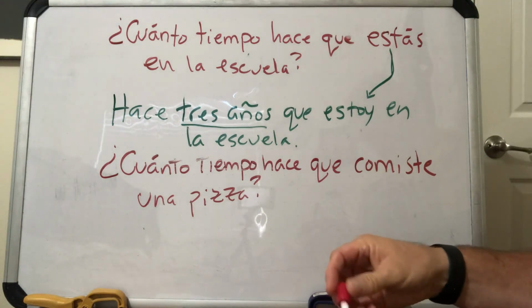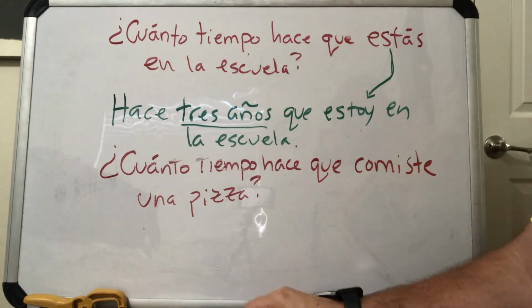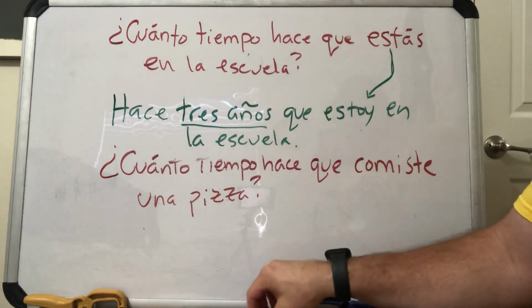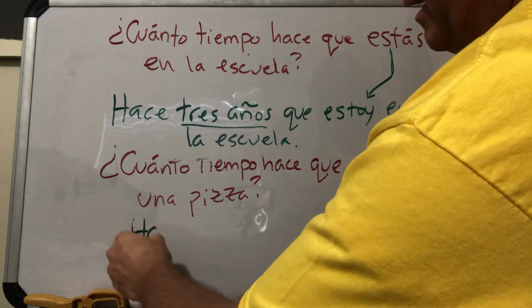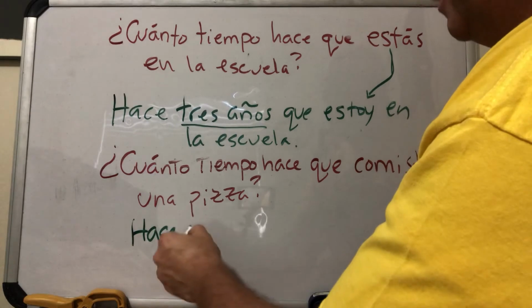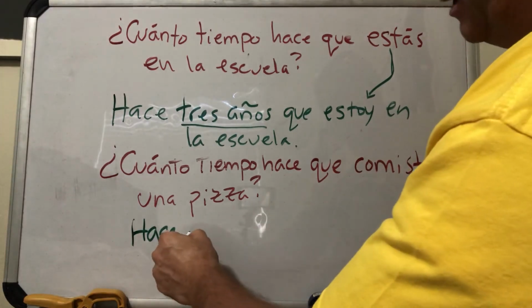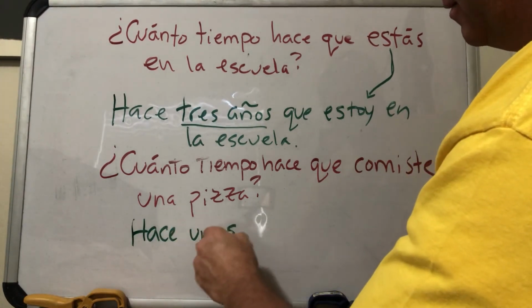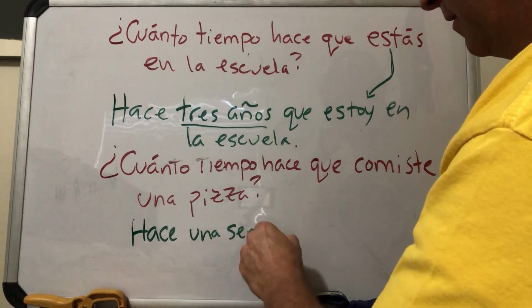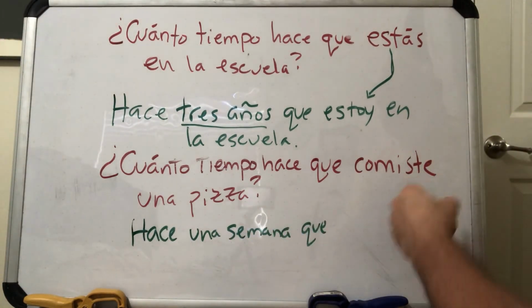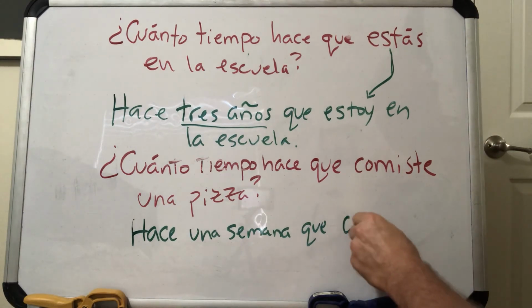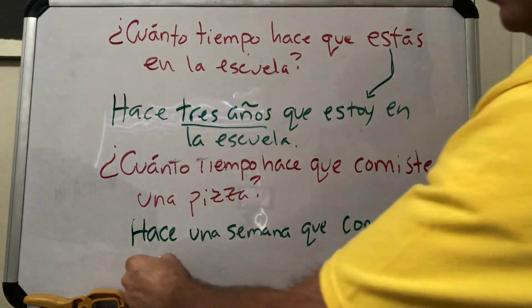Or in English, we probably say, how long has it been since you've eaten a pizza? And our answer to that one is still going to start off with hace and que. Let's say it's been a week. So we'd say una semana. Again, we have to keep this in the preterite. We're going to change it to the yo form, though. Comí una pizza.